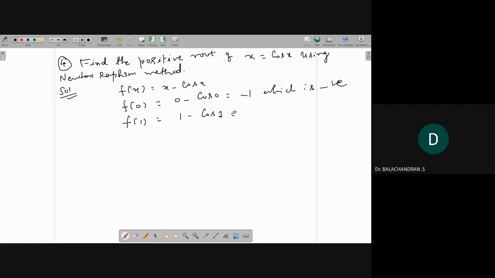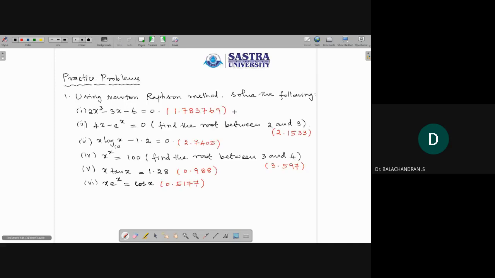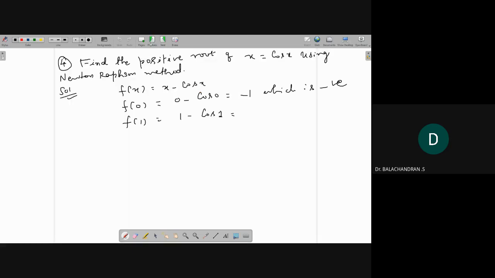So what is 1 minus cos 1? Please tell. Calculate. It is 0.45969.